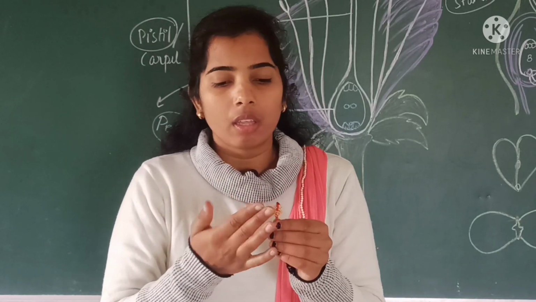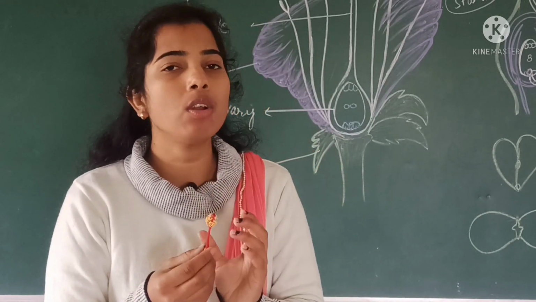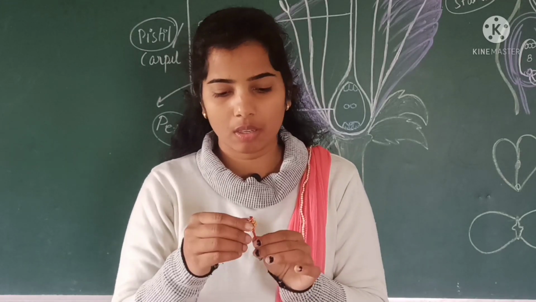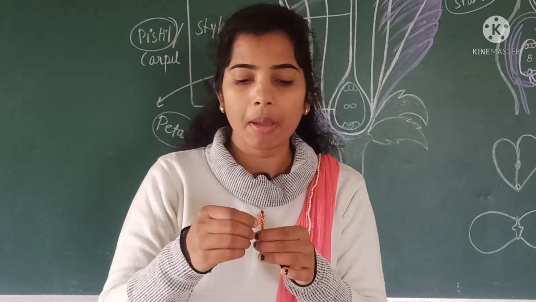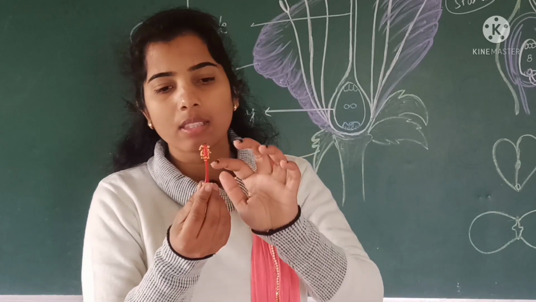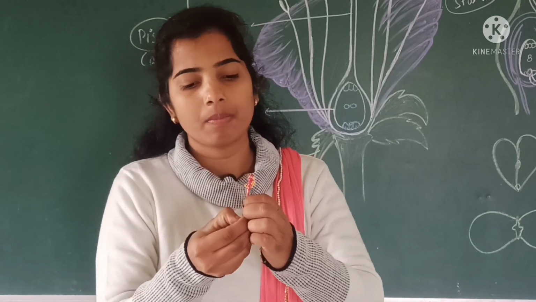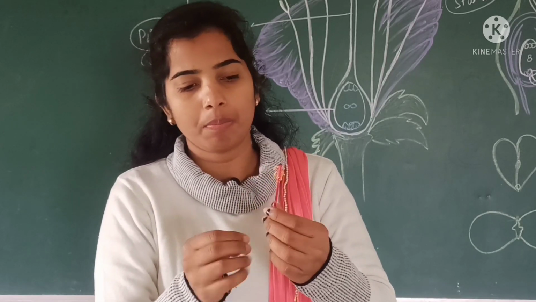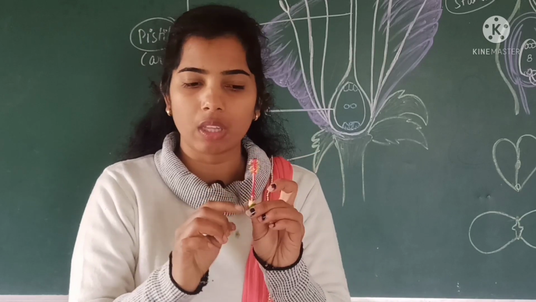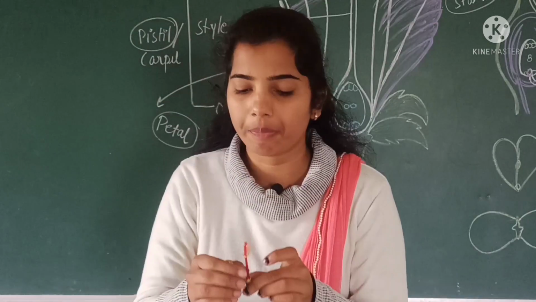Inside the anther, which is a bilobed structure, pollen are produced. Pollen are the male part of the flower. This is the stigma and this is style and the swollen part of the pistil is known as ovary. This is ovary, this is style and this is stigma.